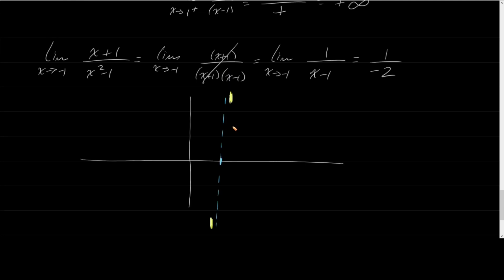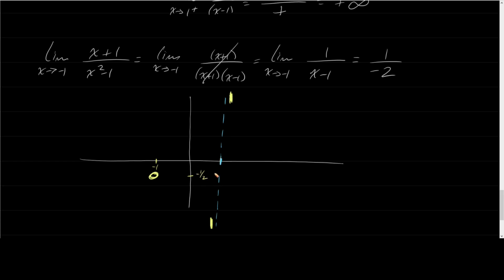What else did we find? As we're approaching -1, so let's say here's -1, our y value is -1/2. But there's going to be a hole there because it's a removable discontinuity. So what we found here is the height of that hole.